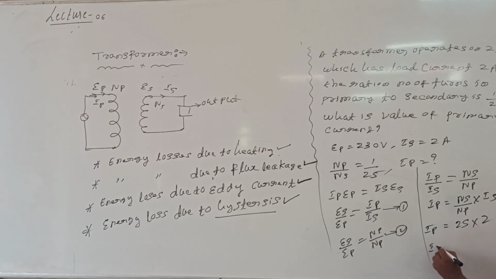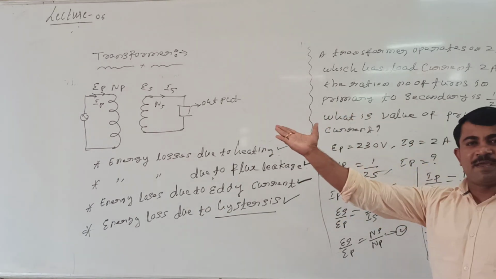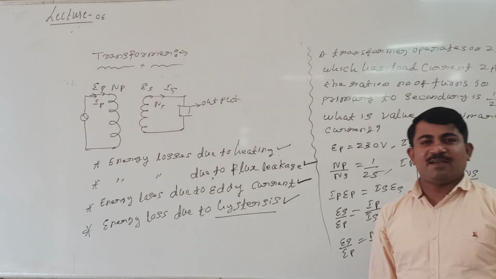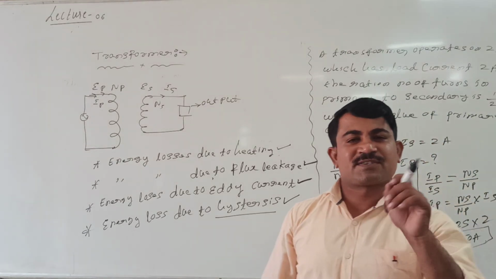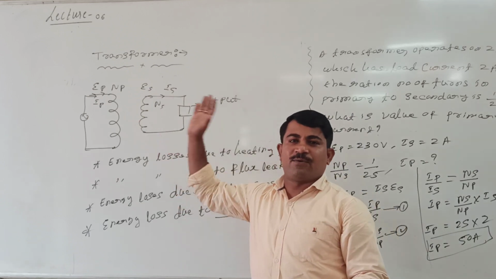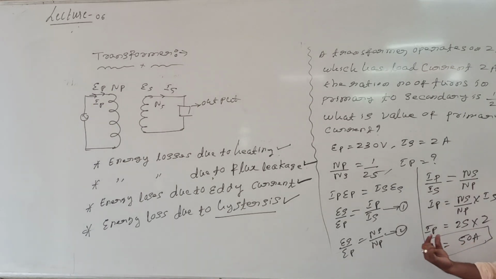Then the current in the primary must be equal to 50 ampere. I mean, the current in the primary must be very high and the current in the secondary must be very low. This transformer we call a step down transformer. Step down means it converts high alternating voltage into low alternating voltage. This is the current in the primary coil.